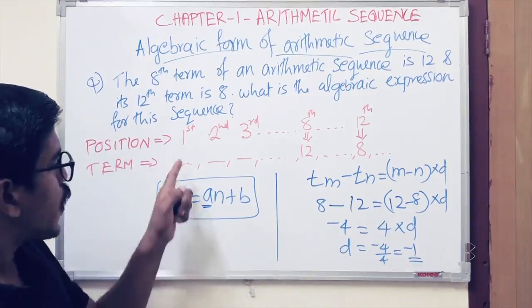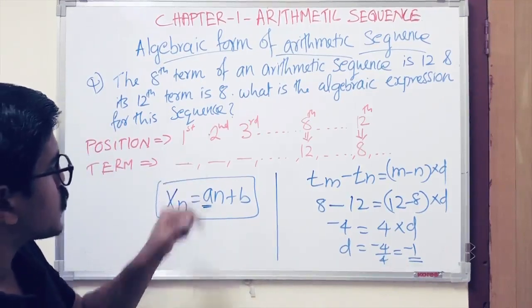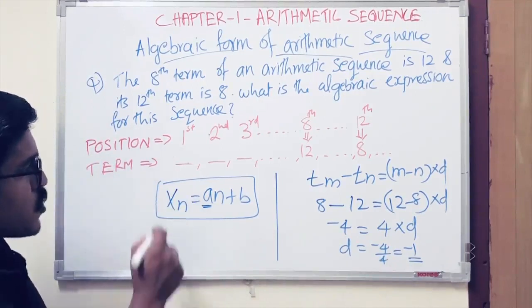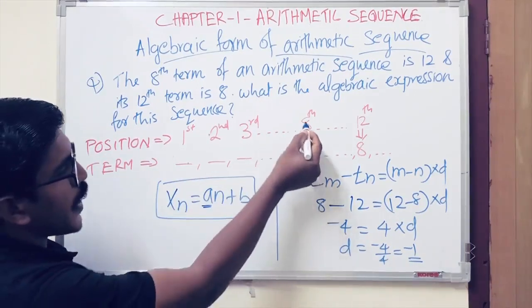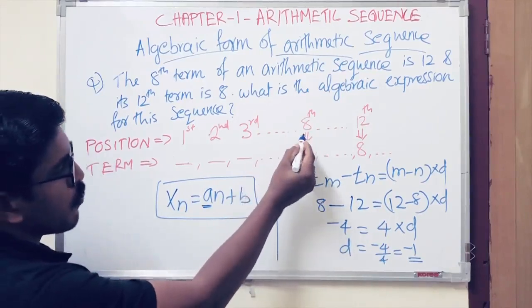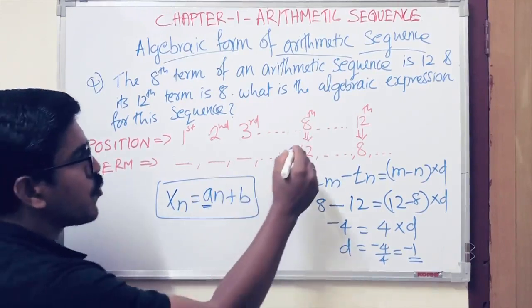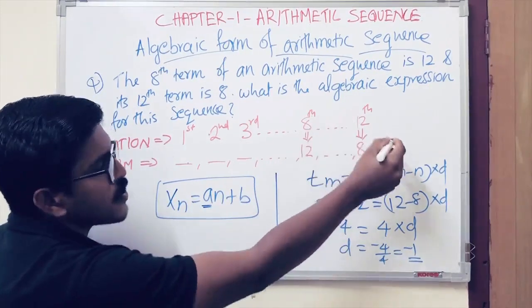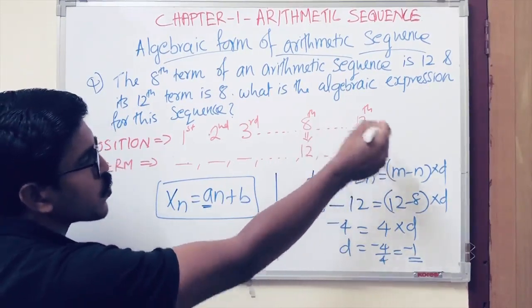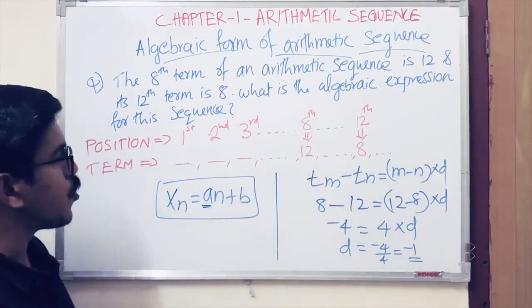Now we need to find out the first term. How are we going to find the first term? Here you can see the 8th term is 12. Before it we have 7 terms. If you are finding the terms to the right, we need to add. If you are finding the terms to the left, we need to subtract. That all of you know.